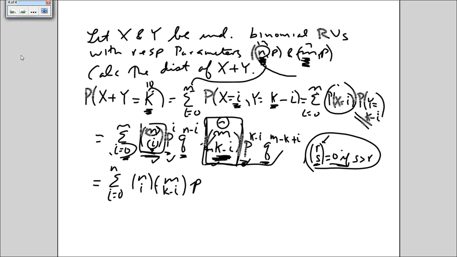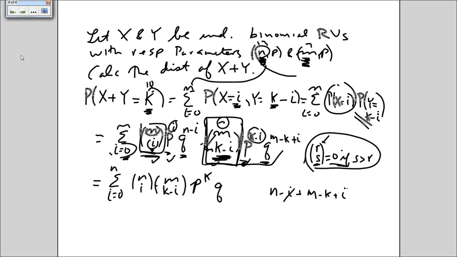Well, the bases are the same, so add the powers. If you have k and then you take away i, but then you add back the i, you just have k. And for q, you have n minus i, and you're adding m minus k plus i.